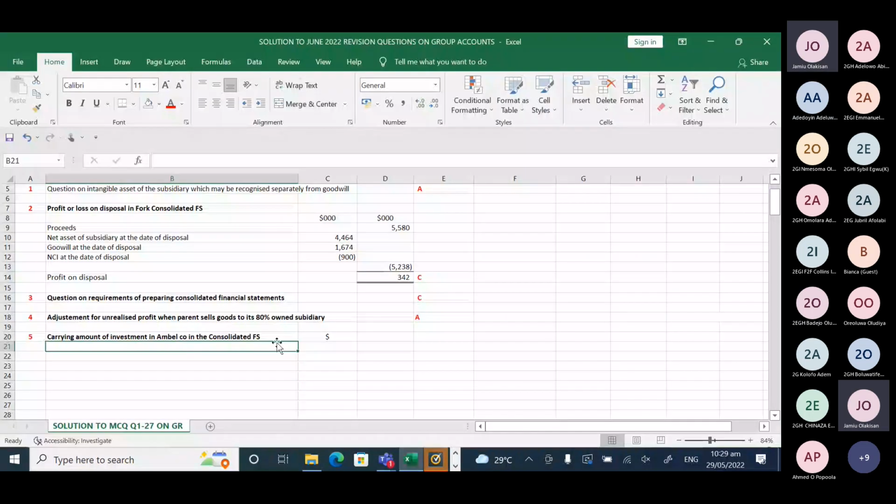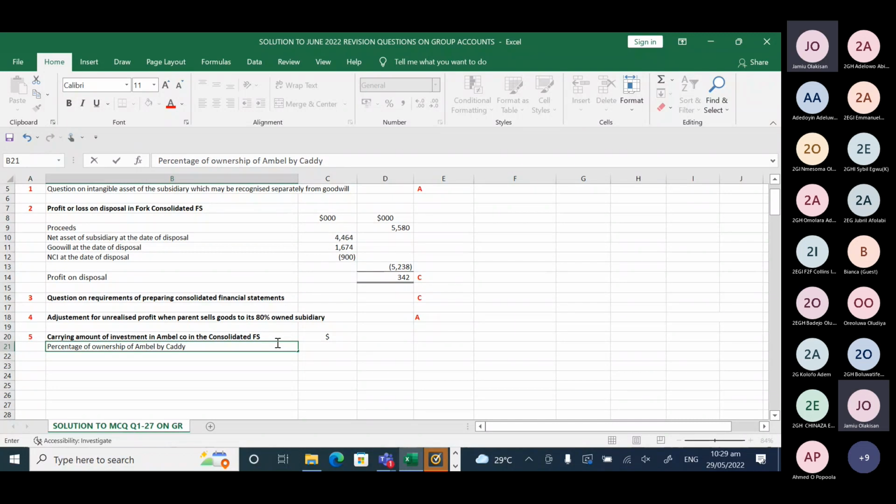I would like to do that here. So I would say percentage of ownership of Ambel by Caddy, right?